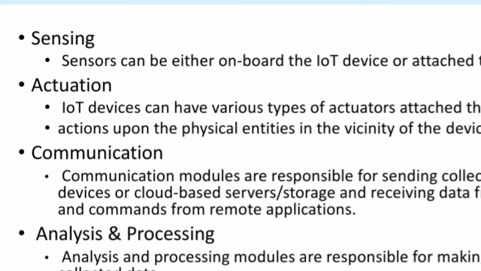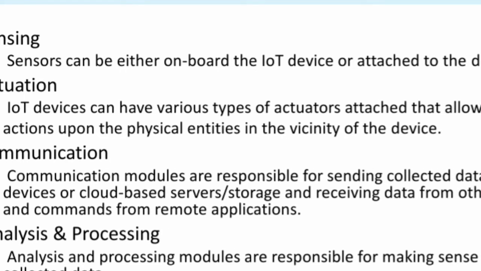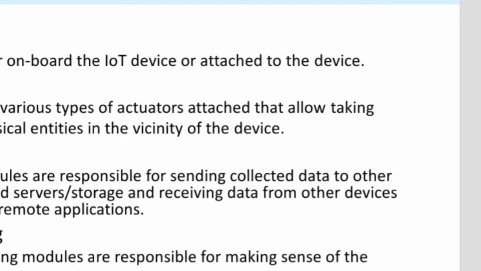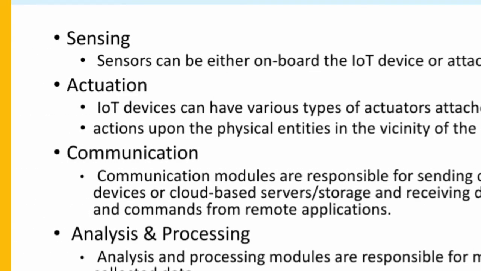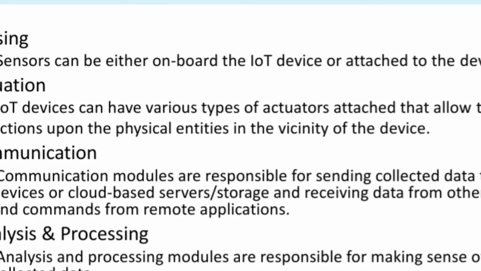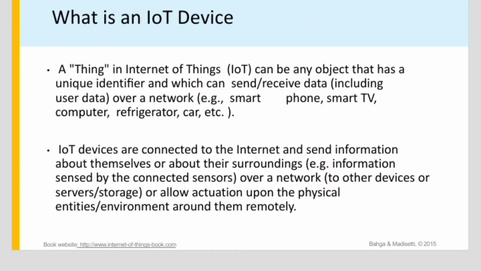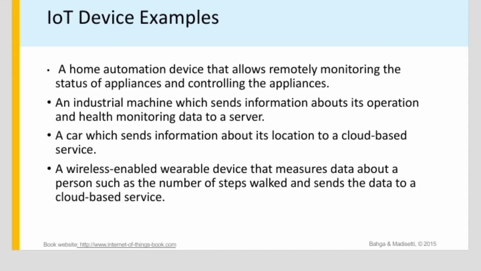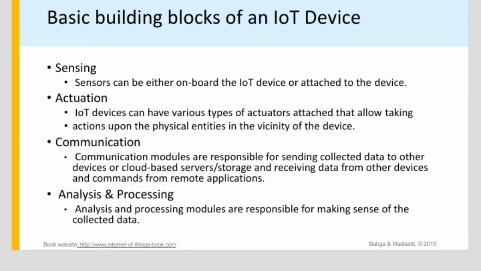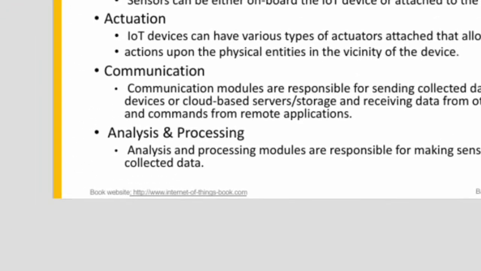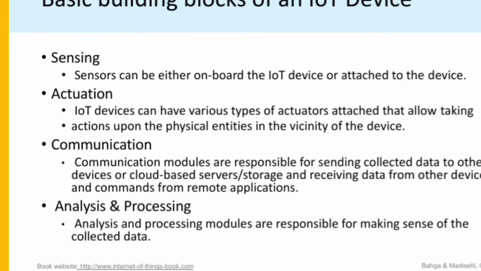Analysis and processing modules are responsible for making sense of the collected data. So, the basic building blocks of an IoT device are again sensing, actuation, communication, analysis and processing.